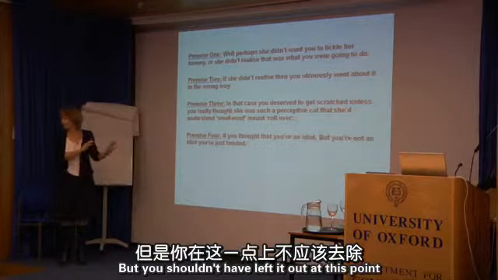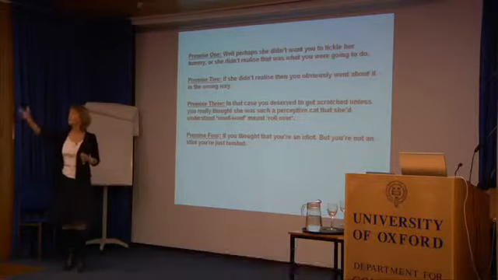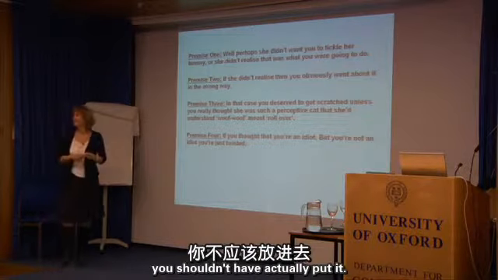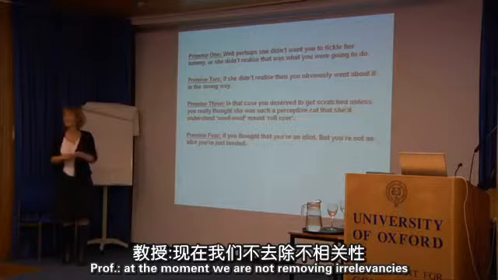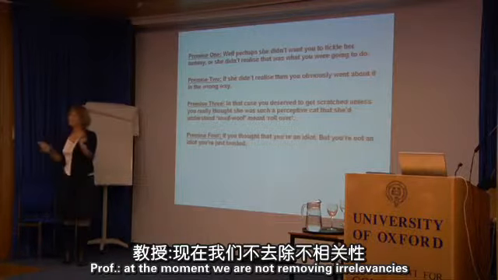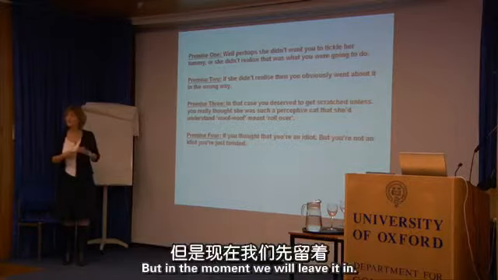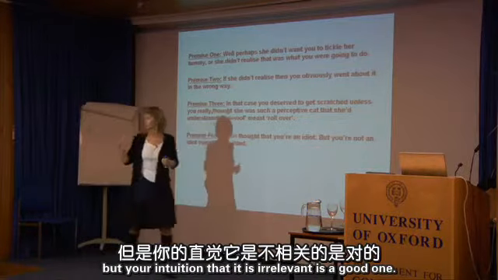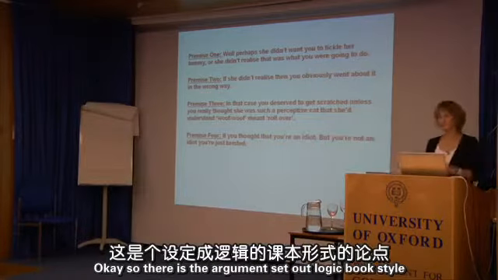But you shouldn't have left it out at this point, because it is actually in there, so you should put it in. What were you going to say? Well, I didn't like it to be a premise, I thought it was an irrelevancy to the argument. At the moment we're not removing irrelevancies, but perhaps when we do, we'll take this out. But at the moment, we'll leave it in. Your intuition that it's irrelevant is a good one, as you'll see in a minute.